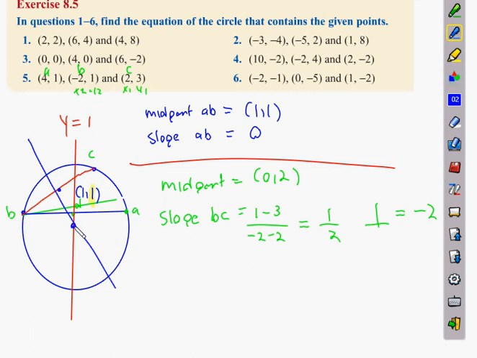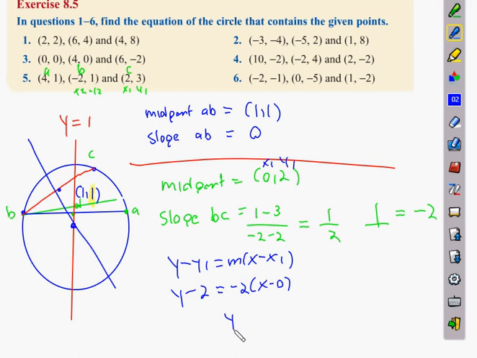So we're going to get the equation of this line, which is y minus y1 equals m bracket x minus x1, and what we're going to get is y minus 2 equals minus 2 into x minus 0.